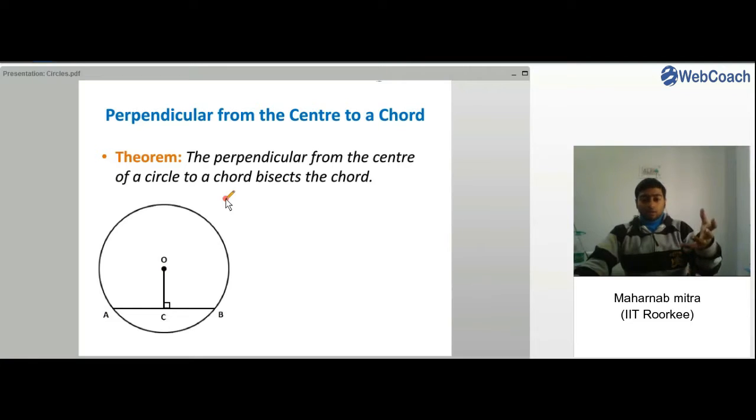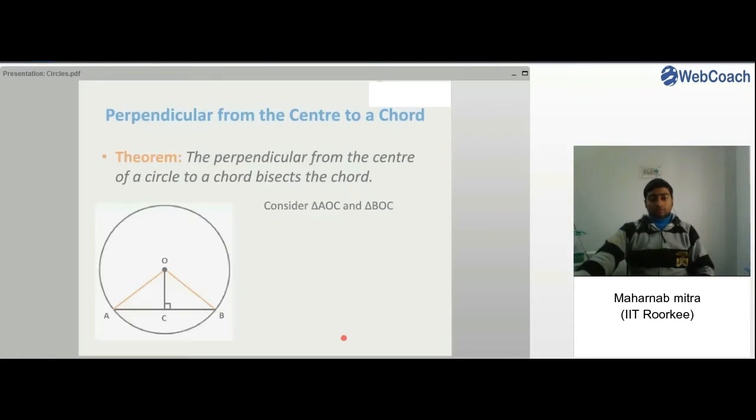This statement is also given as a theorem: the perpendicular from the center of a circle to a chord bisects the chord. In the given figure, AC is equal to BC. Whenever a perpendicular is drawn to a chord, it bisects the chord.